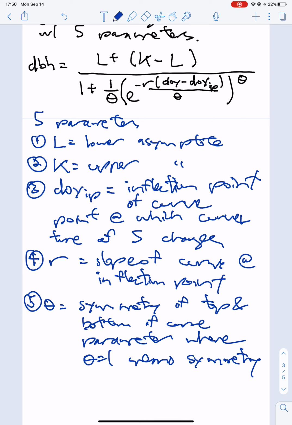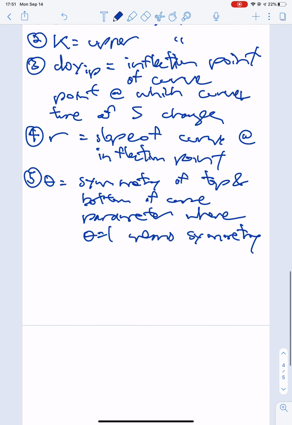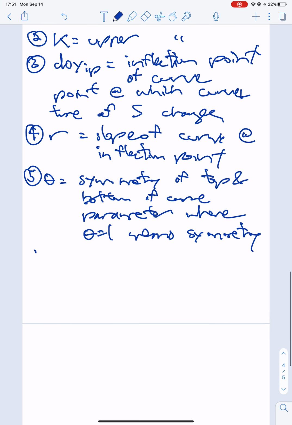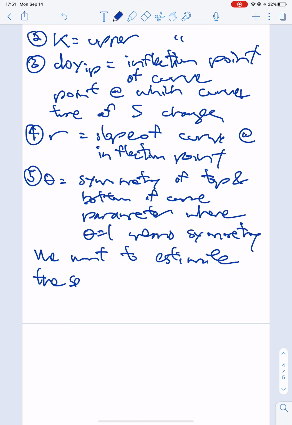Okay, we're going to study this graphically and visually on Friday. But the point I want you to get out of this particular lecture is the following: we want to estimate these 5 parameters using data.